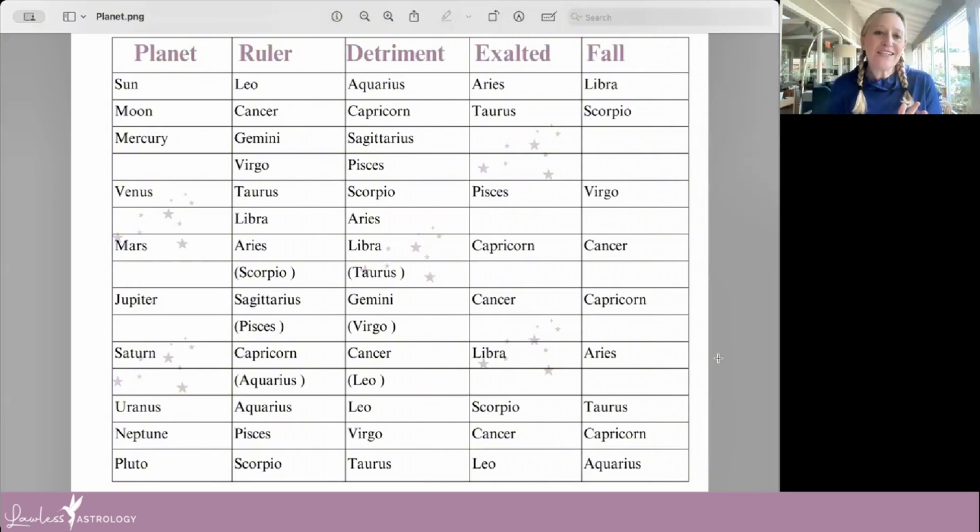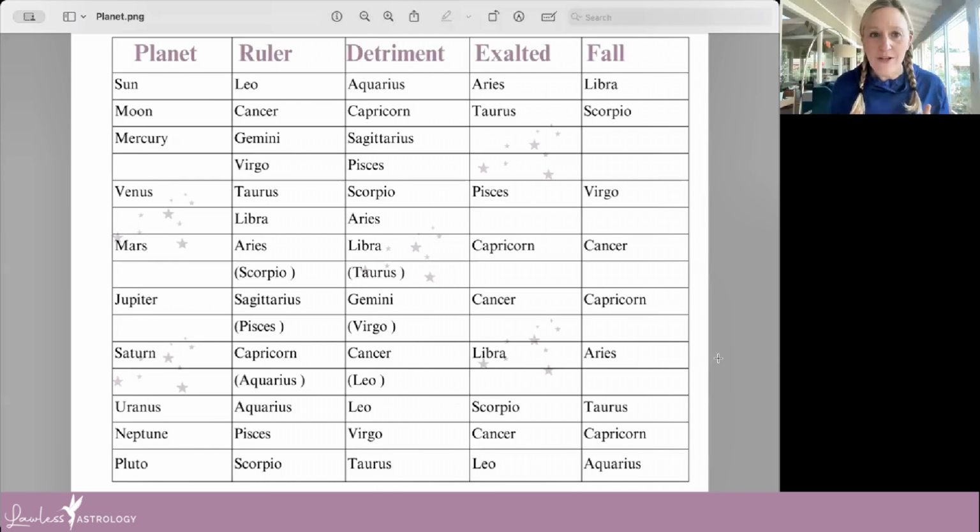Okay, so let's talk about what's going on here. When we have a planet, there is what's called the ruler. This is something that you probably are familiar with, ruler or domicile. So Leo is ruled by the sun. When I say ruler, that's the zodiac sign and the planet that rules that particular sign.